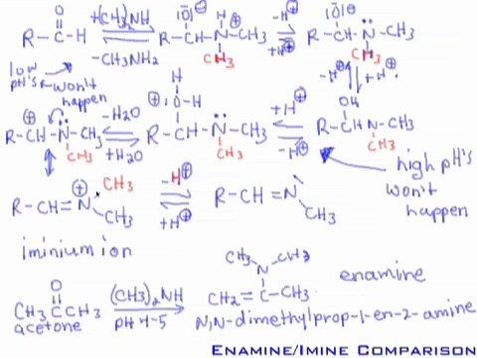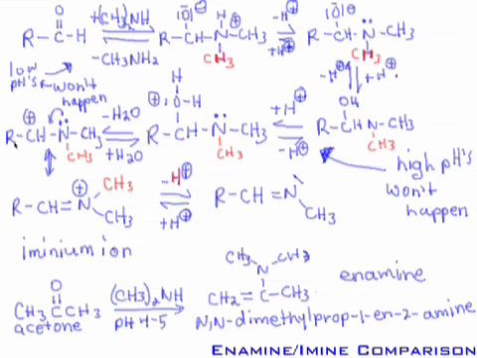You can't pull an H plus off of nitrogen. So what happens? You have a carbocation here. Right? This step, minus H plus, won't happen. So let's take a look at what does happen.